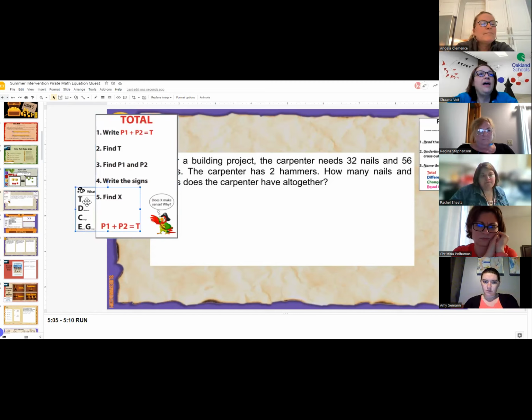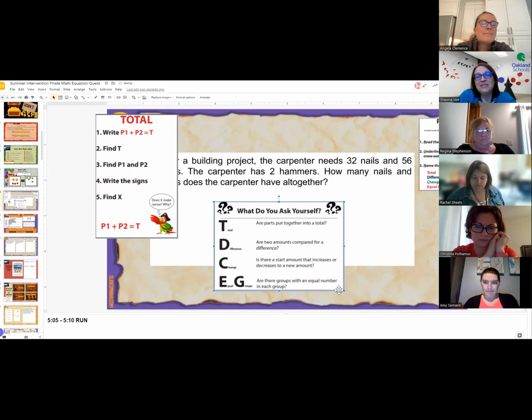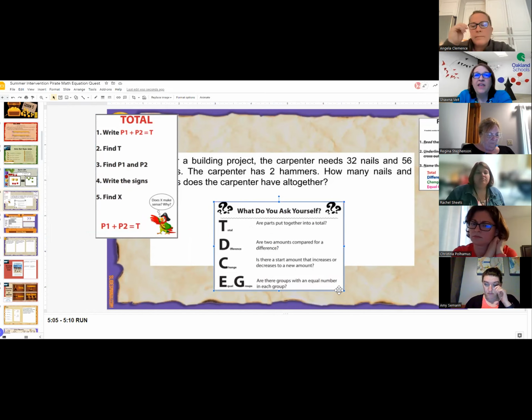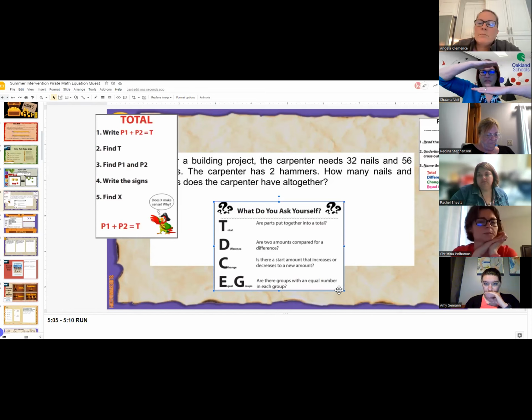We also have this, what do we need to think about? So if you've identified the schema, if your students are able to say, oh, this is a total problem, the question that you can use to help, like your metacognitive question, is: are there parts that go together to make a total? That's how I'm going to help identify that schema. If it's a difference problem, are there 2 amounts that are being compared for a difference?